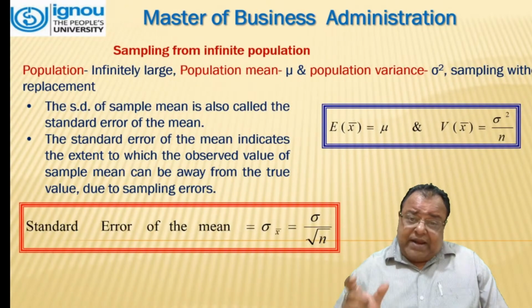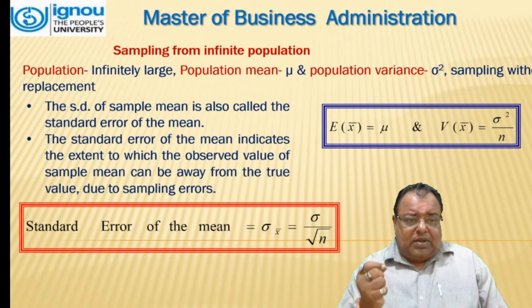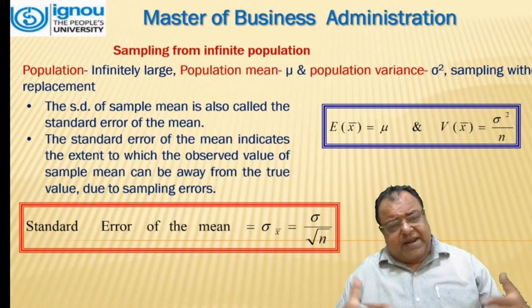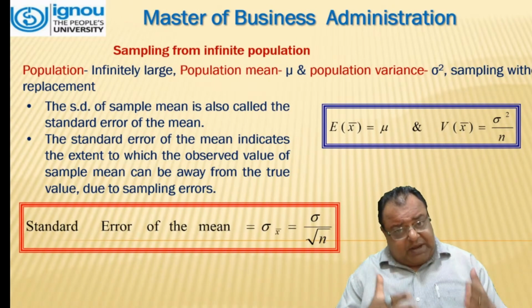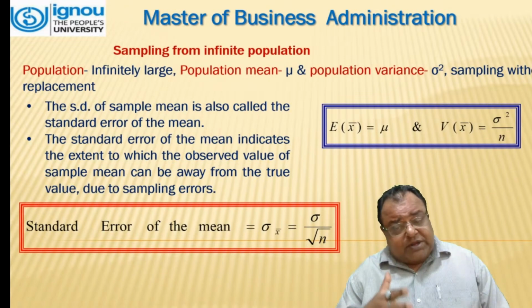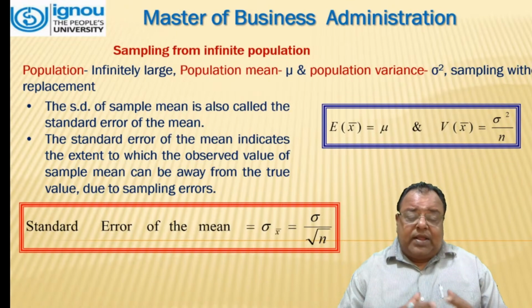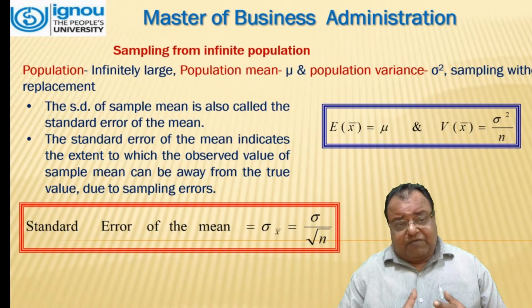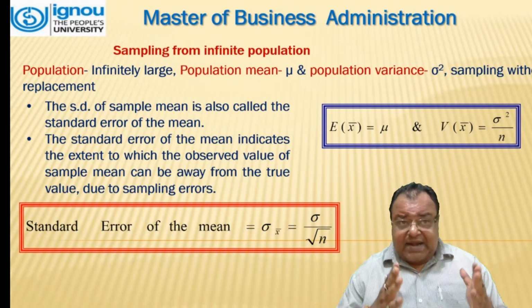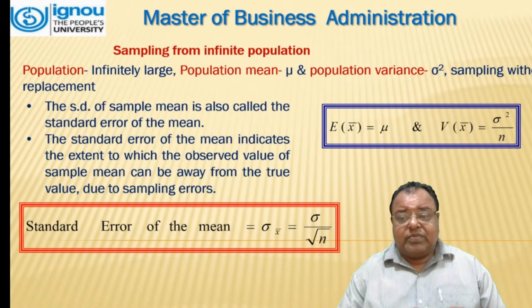Sampling from an infinite population. When the population is infinitely large, the population mean is mu and the population variance is sigma square, and we are doing sampling without replacement. Here, the standard deviation of the sample mean is also called the standard error of the mean.